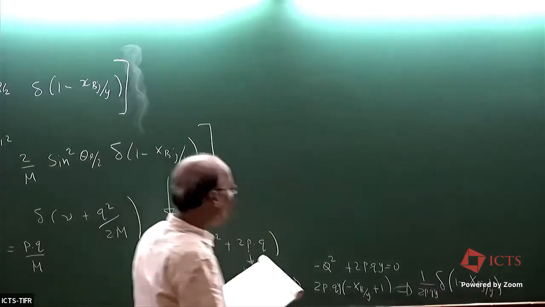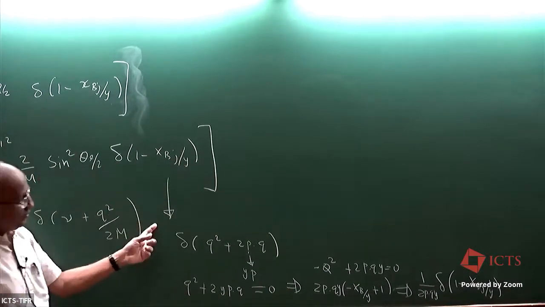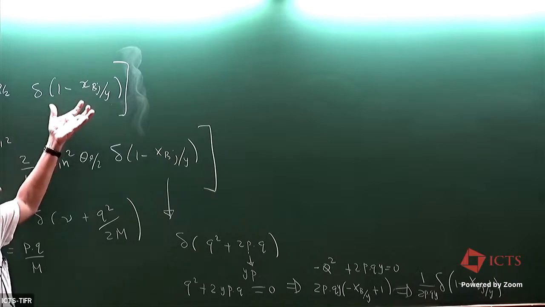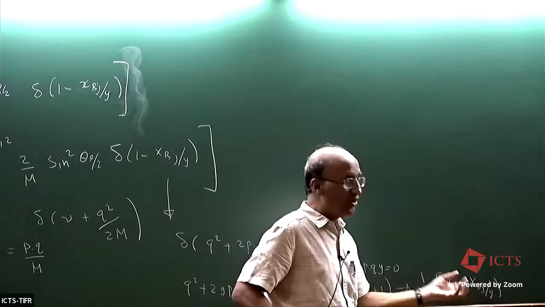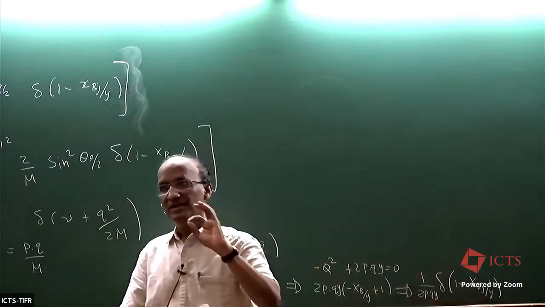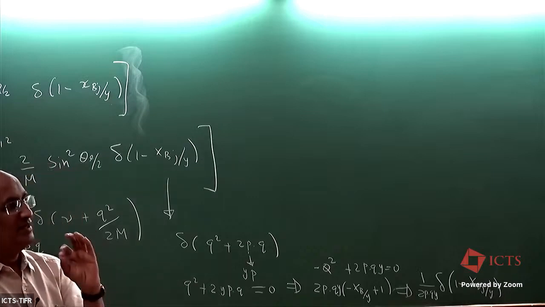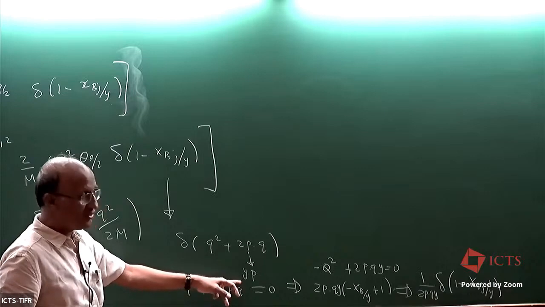So this simple delta function tells you that the inelastic cross section is just an algebraic sum of elastic scatterings on point-like objects, and the momentum of that point-like object is a fraction of the proton momentum. That is all it means.